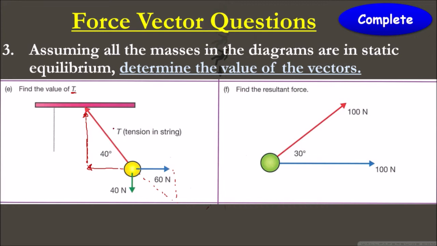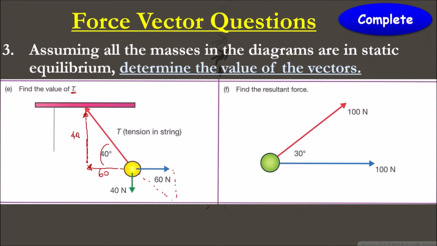Okay, so that's our tension force. Remember, these are all in static equilibrium. So for this to be in static equilibrium, this tension force needs to balance these here. So that's 60 here, that is 40 here, and I already know that this angle we make is 40 degrees. So I can use any of these sides to help me find the value.